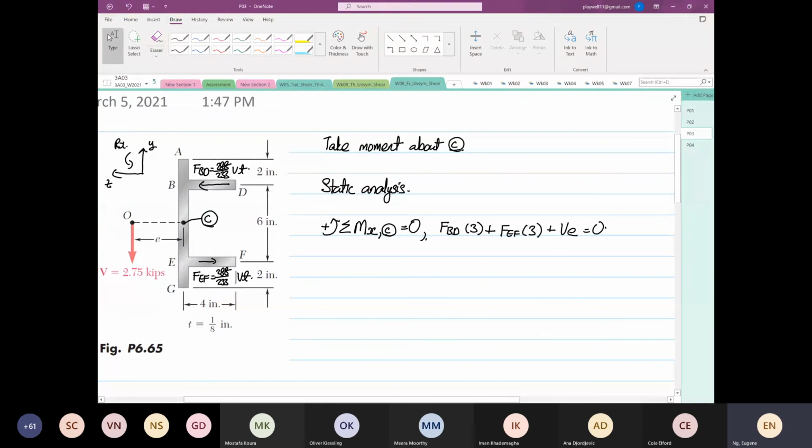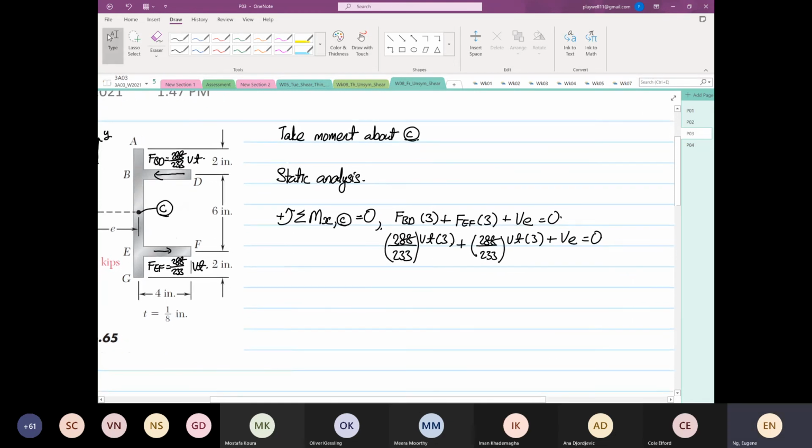FBD will be equal to 288 over 233 VT multiplied by 3, plus VE, equal to 0.